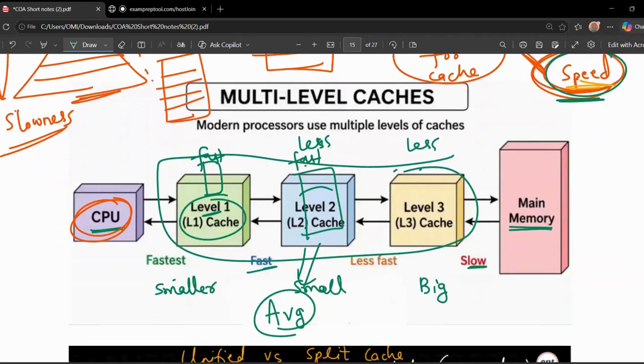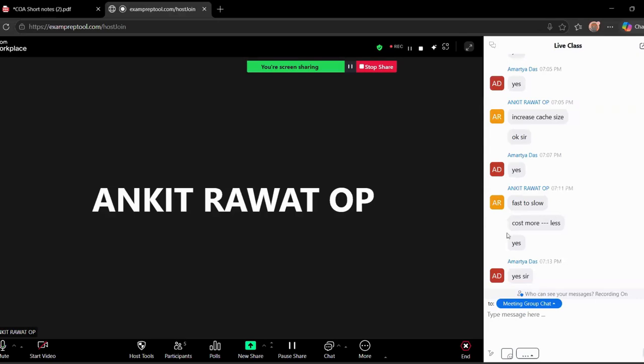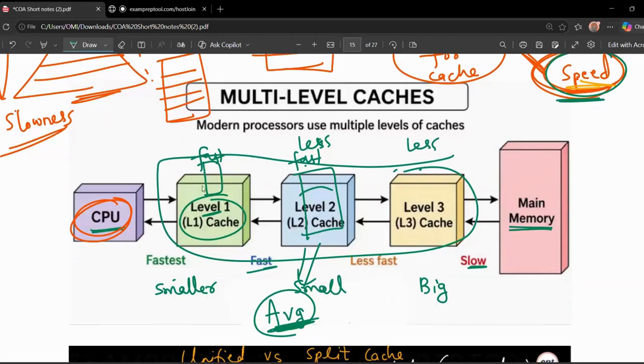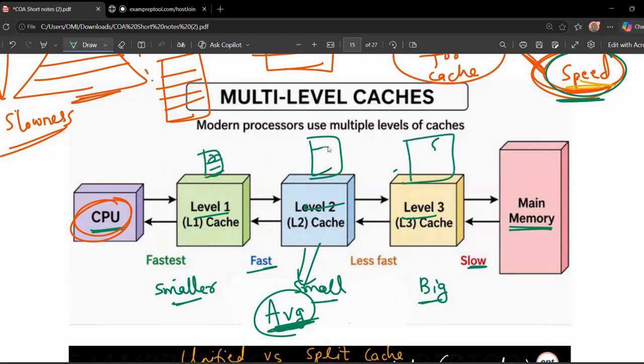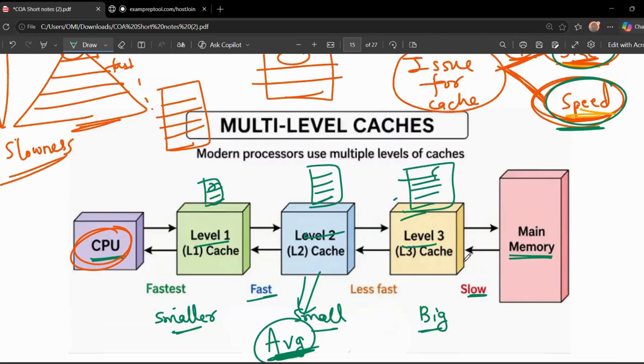That's why we are concerned about the average. Averagely we get things fast also. Because in the levels, L1, L2, and L3, this is small, then this is a little bigger, and this is bigger still. So many things we can store in this hierarchy.